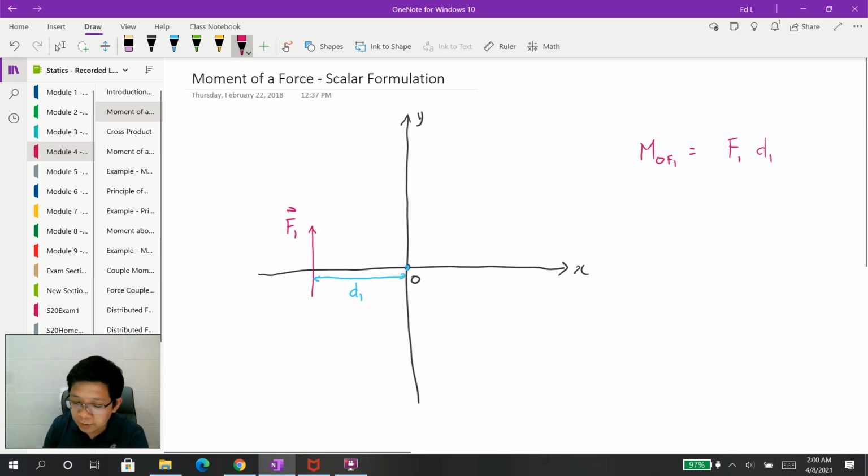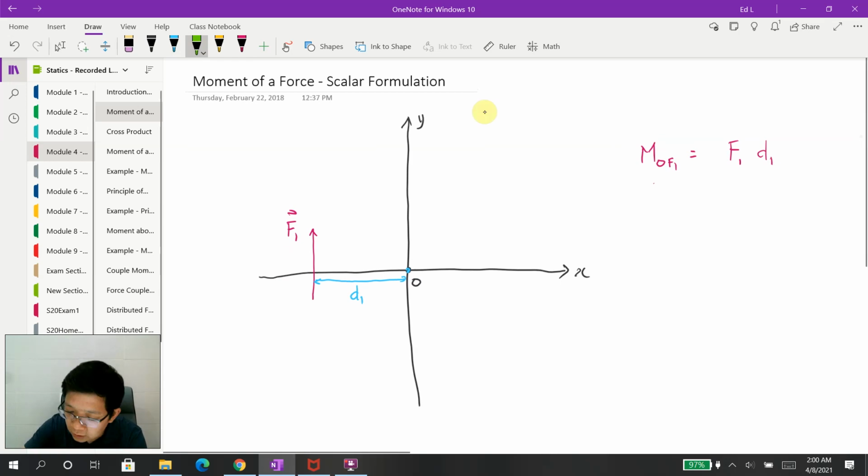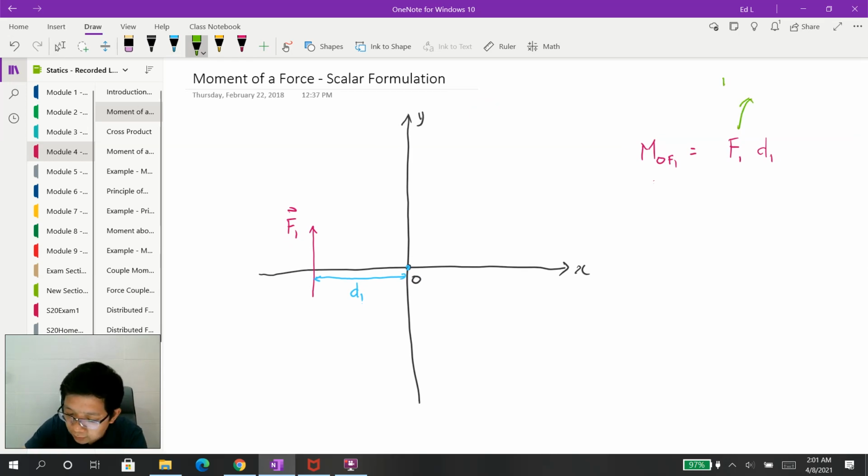Please note that here I do not put any arrowhead anymore because we are just concerned about the magnitude, about the scalar quantities. So this is the magnitude of the force, so it is a scalar, and that is the distance, so it is also a scalar.